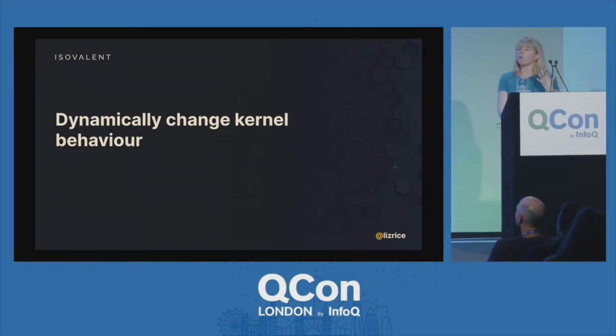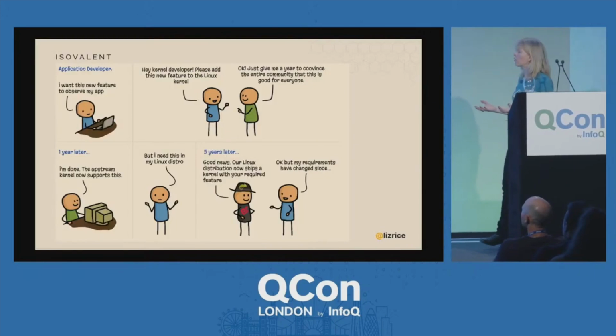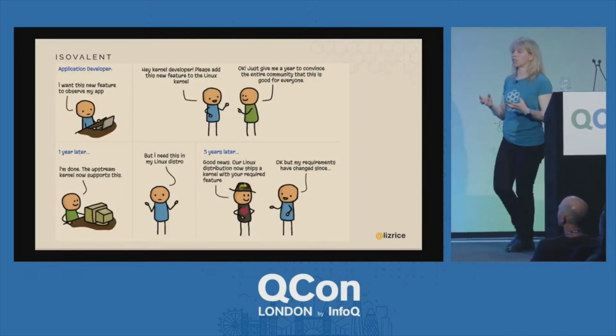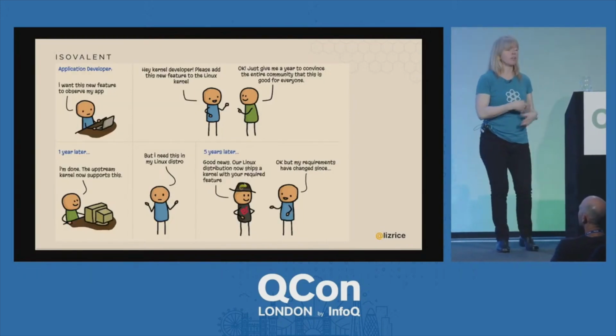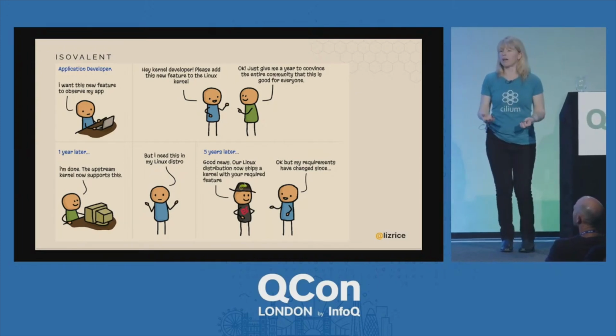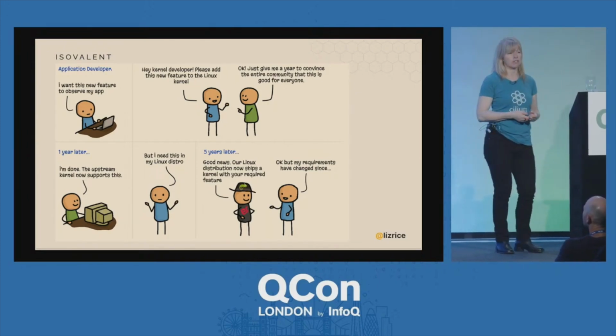So we can change the way that the kernel behaves. And of course, another way we could have done this would be to actually change the kernel. We could write kernel code and compile it ourselves and load it, and that sounds really kind of hard.